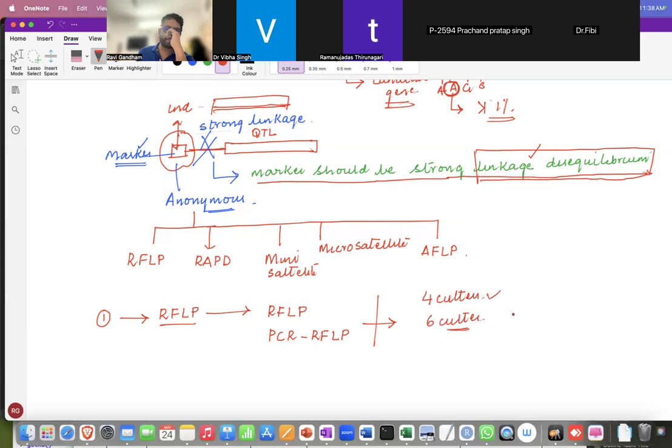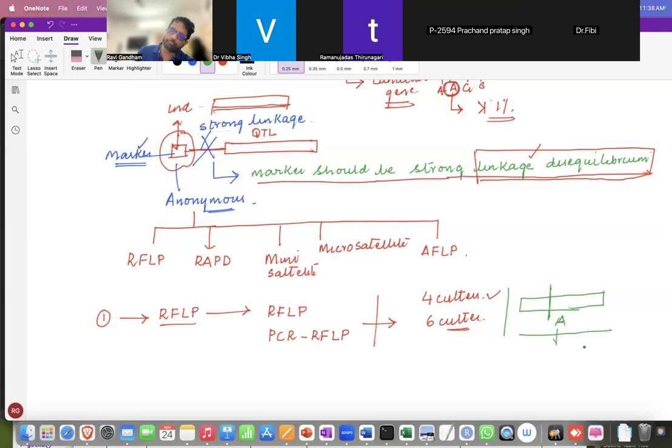You can just have a look at the web if you want to find out why and how. I'm not going to explain that. Now, for example, you have a 4 cutter and a 6 cutter. If you're running a gene like this, I will draw a single line, as we have drawn earlier, to avoid confusion.